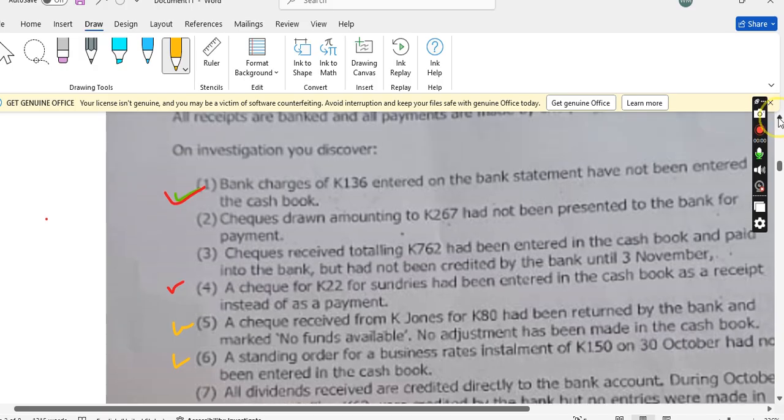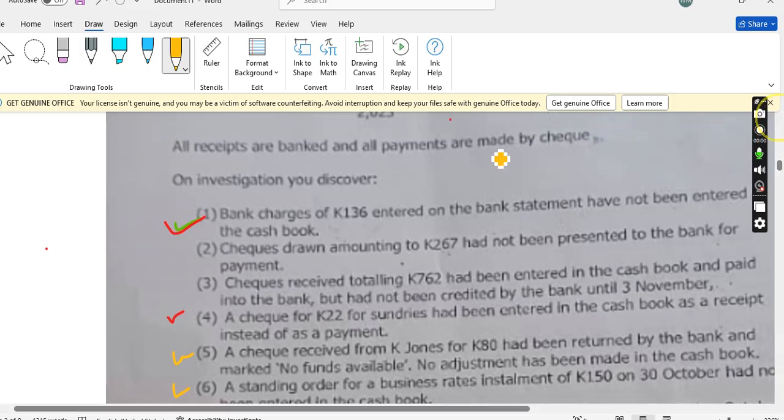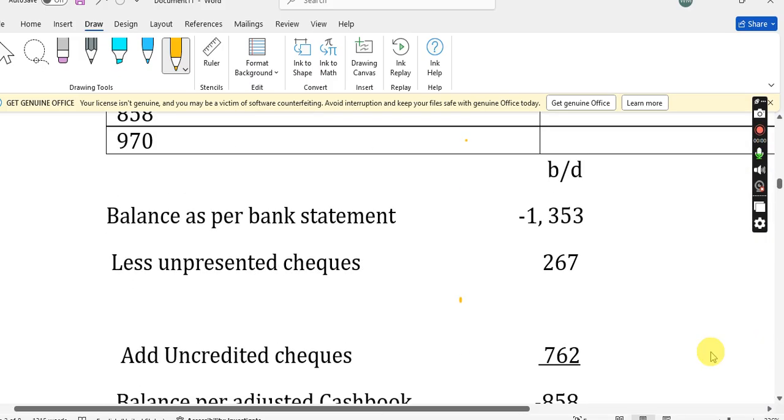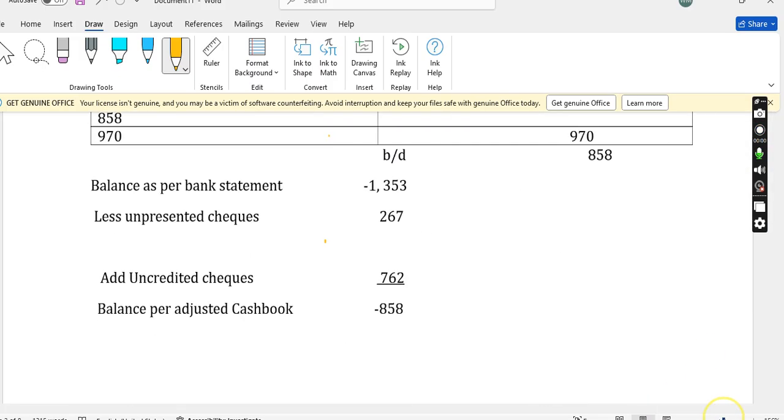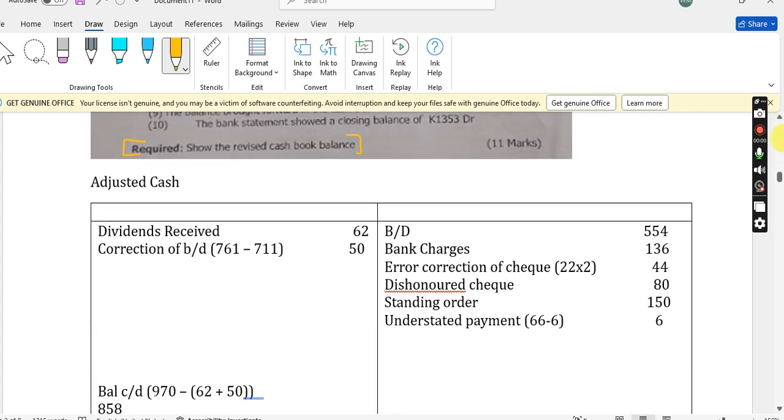With this type of question, the format is always like this: you always have to adjust the cash book first. Before you look at each transaction, we open up the cash book, which I did here already, and you start with the ending balance of the cash book, which was given to us, that 554, which I told you to take note of.